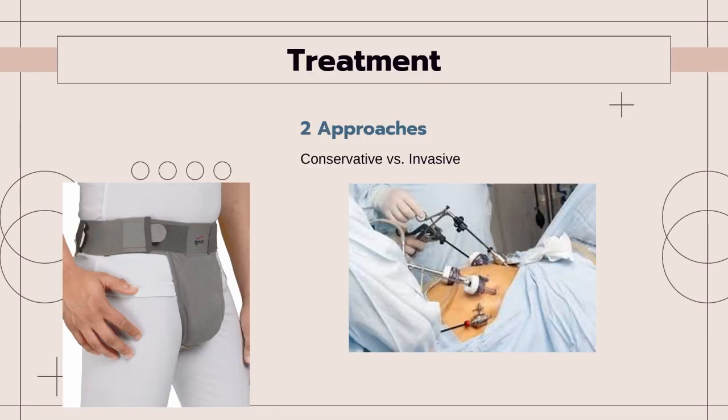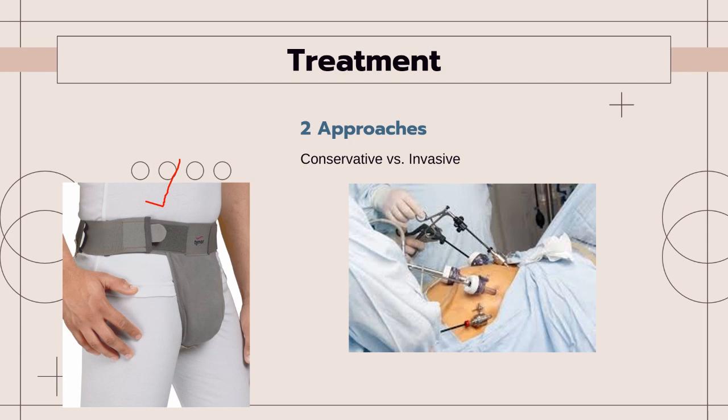Okay, regarding the treatment, we have two approaches for this condition: the conservative approach and the invasive approach. The conservative approach is for the less severe or lower-grade varicocele; in this condition, we will only give scrotal support, as you can see in this image.